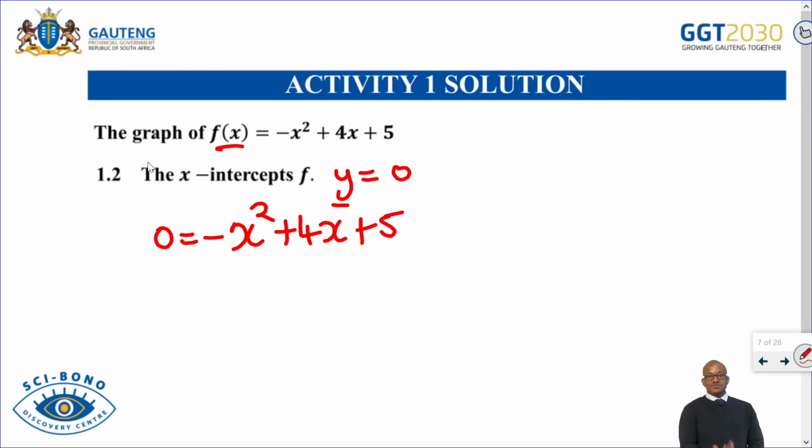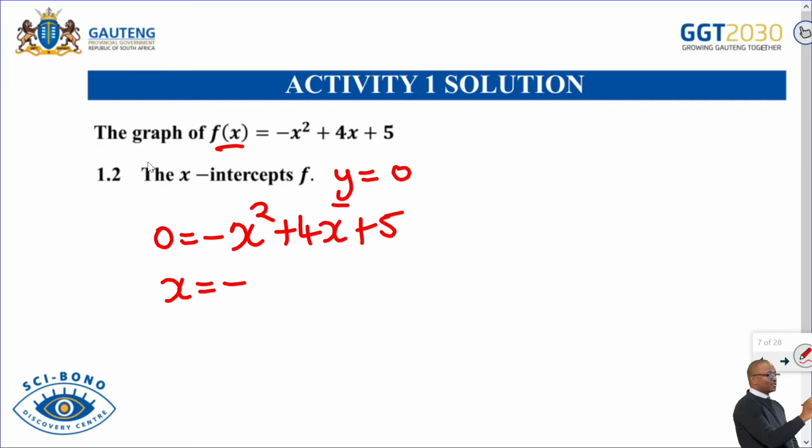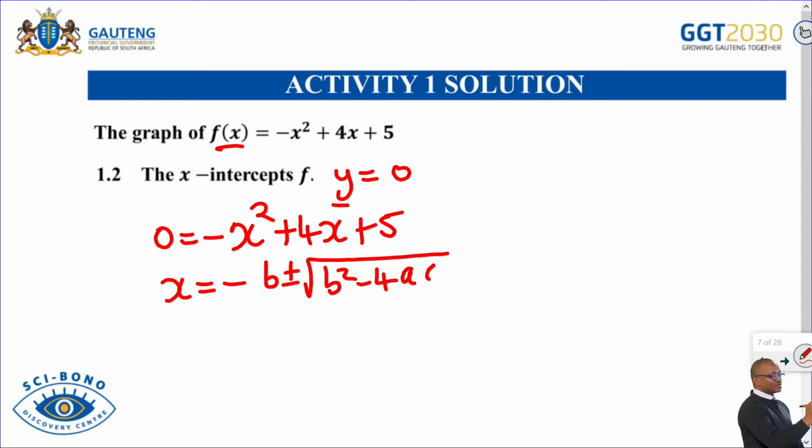And remember, as we solve for x, we can use either the quadratic formula or we factorize. Correct. But it's simpler and more accurate if we use our quadratic formula, so that you don't have to stress about your signs and factors. The quadratic formula makes your life a little bit easier. So what is the quadratic formula?